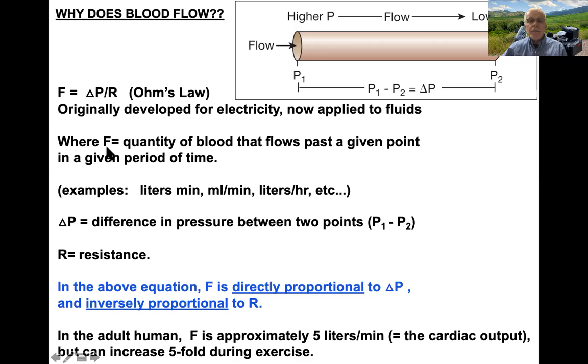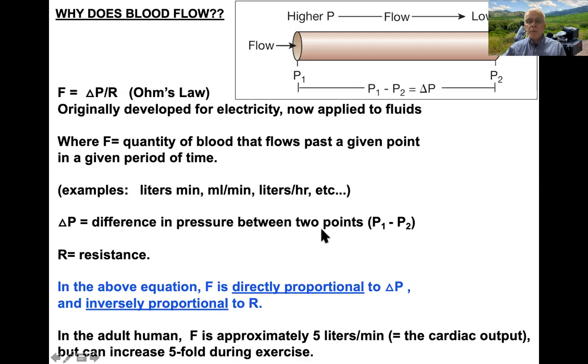So again, F represents the quantity of blood. It could be mils per minute. Down below, I've given other examples. For the whole system, we might talk about liters per minute, but any kind of volume per unit of time. Delta P, again, is the difference in pressure, and we most commonly see that given in millimeters of mercury pressure.